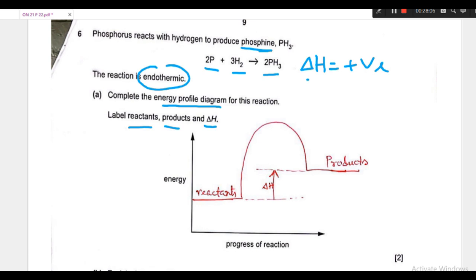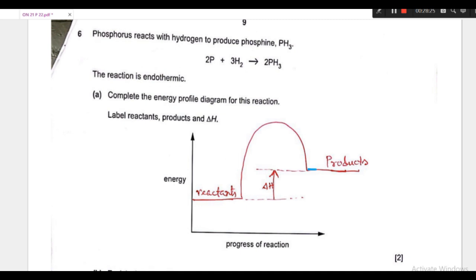So this is the diagram. It is endothermic as the product has more energy, the reactant has less energy. Reactants are below, products above. That's why this is an endothermic reaction.